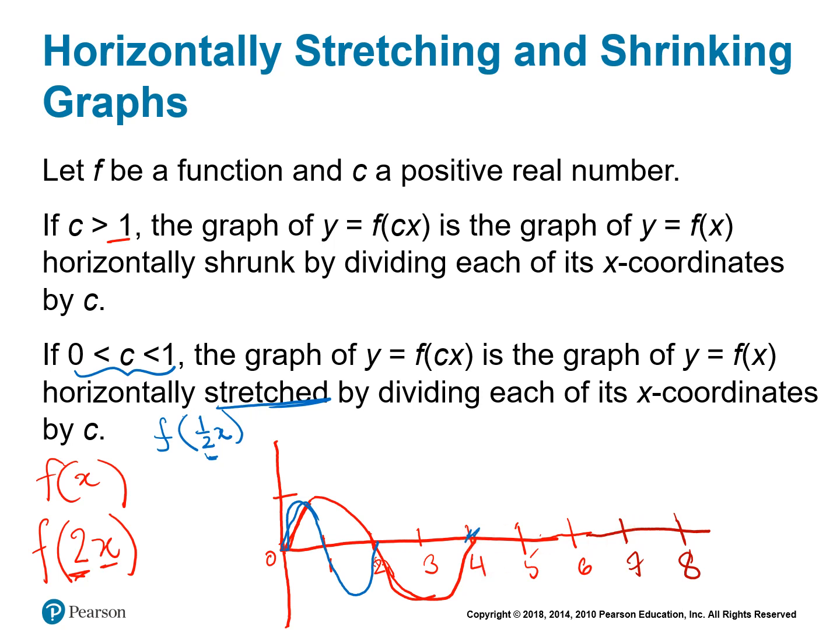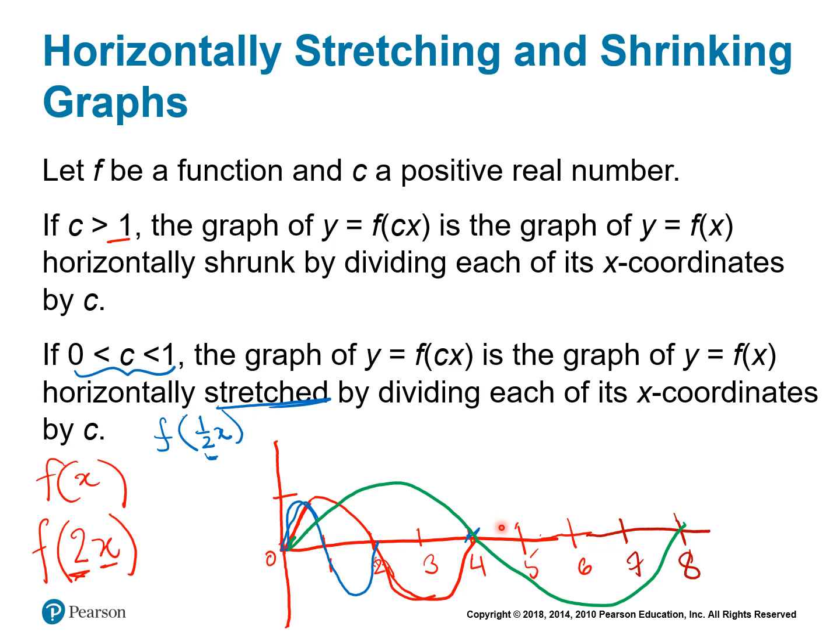Let me draw it here. I'm using the green ink. It's going to look like this. It's going to span a wider section of the x-axis, and that's what horizontal stretching implies.